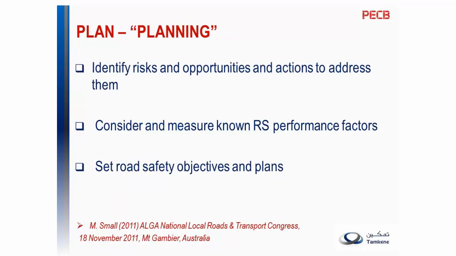Therefore, part of the planning will be identification of risks and opportunities and action to address them, and then to consider and measure known road safety performance. So you need to develop your own KPIs for your road safety, and also set your objectives and plan, which basically will be your programs and your strategy, so to speak.